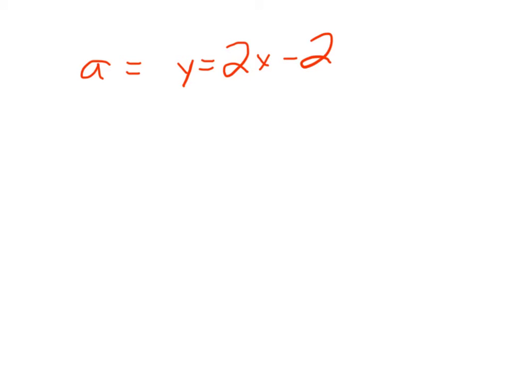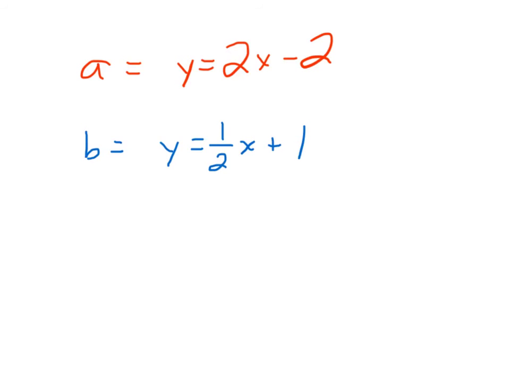Alright, and then we look at B, and that's y equals, now B is going over 2 and up 1. So it's a positive, so it's going to be half x, and it crosses at the +1. Okay, and now we want to know where these two lines will intersect.